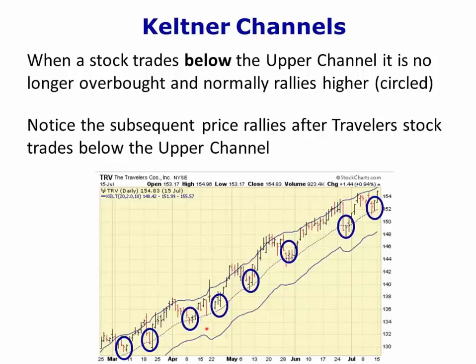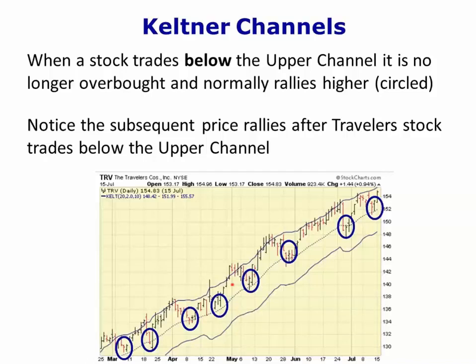And we can see that there's several buy points here. The stock got overbought, traded below the upper channel, and then rallied, traded below the upper channel, rallied, traded below the upper channel, rallied.